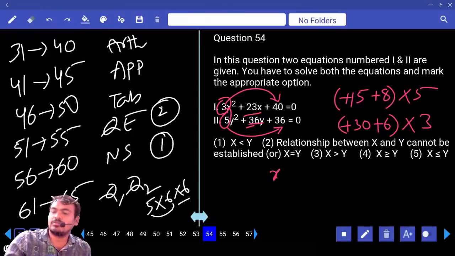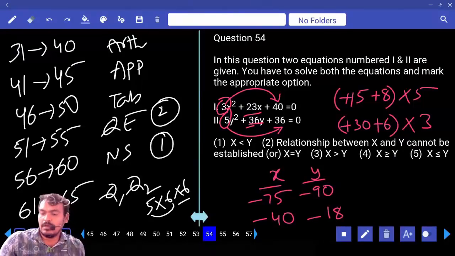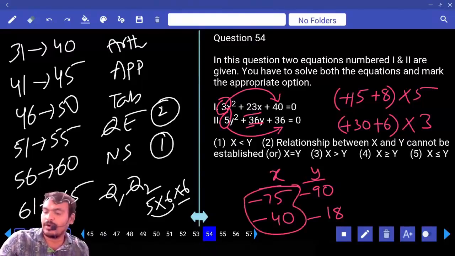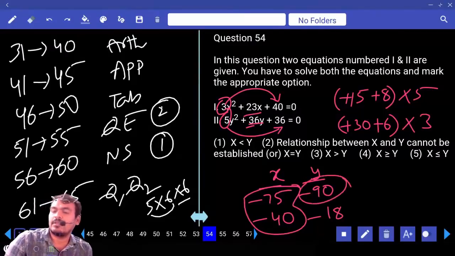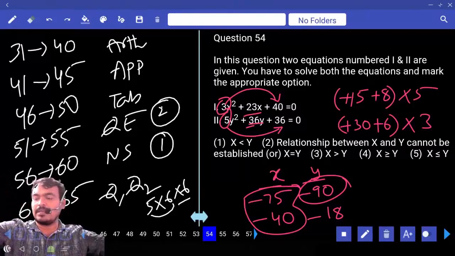What are the x final roots? Minus 75, minus 40. Y final roots? Minus 90, minus 18, or not? Okay. Negative 75, negative 40 compared to negative 90. Less or more? No. Minus 75, minus 90, minus 40.